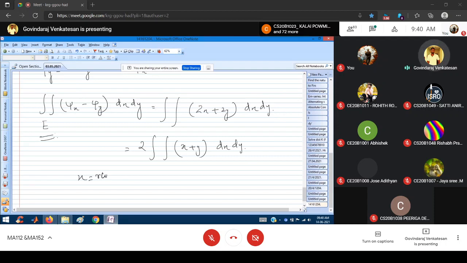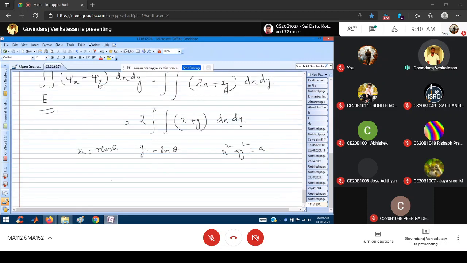Put x equal to r cos theta and y equal to r sin theta. So what is the value of x square plus y square? It is nothing but a square. So instead of finding the values of x and y limits, I can find the values of r and theta. R is nothing but the radius of the circle. Theta is nothing but the angle.